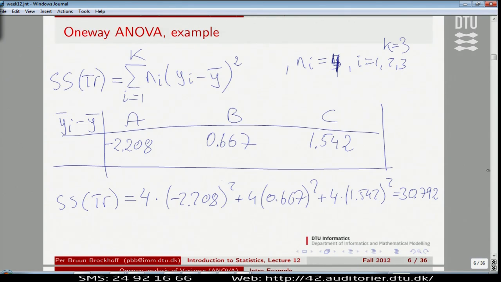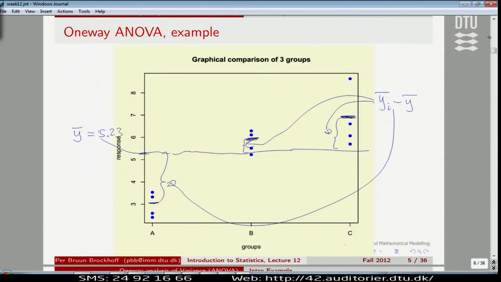What it boils down to is that we are going to use some more information to evaluate whether the groups really seem to be more different than you can expect alone due to chance, right?